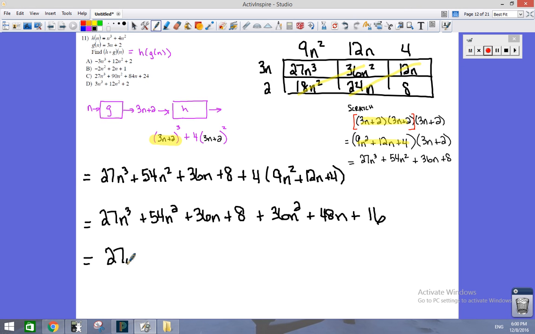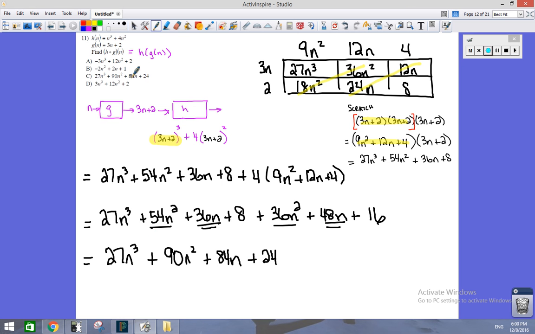So I've got 27n cubed, and here I've got 2n squared, so I add those together, and I think I'll add up to 90n squared. Then I've got these n's there. What do they add up to? Maybe an 84. We'll double check it if I don't get an answer up there. And 8 plus 16, 24.